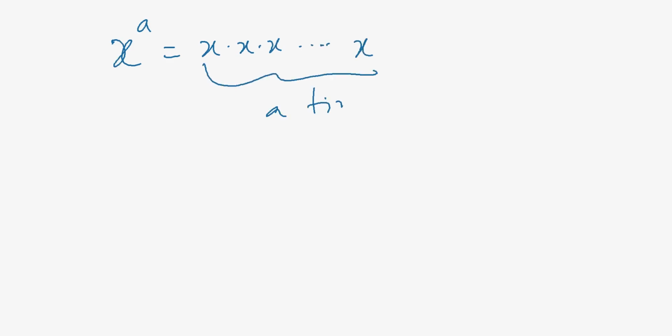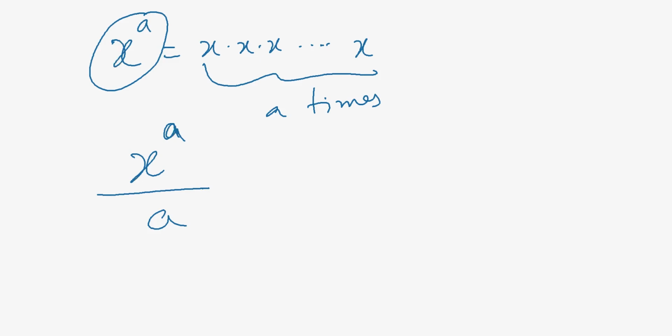Yes, uncle. So the question is, if I know X power A means X is repeatedly multiplied A times, this is the understanding, right? Yes. What to be done to this X power A? I need to do something on this. If you divide this by A, it's not helping me, right?